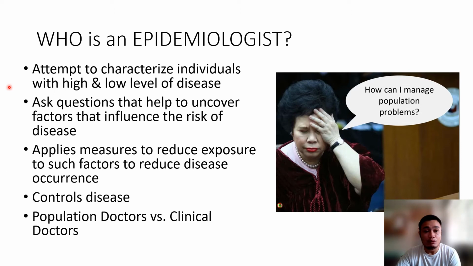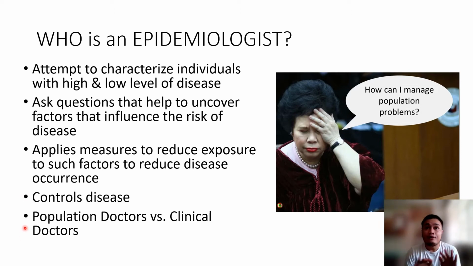And if we are able to characterize the level of disease and the factors associated with its occurrence, we may be able to plan measures that reduce exposure to such risk factors, to limit the occurrence of disease and therefore control the disease.